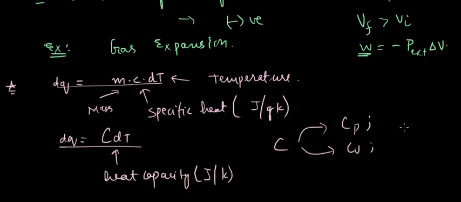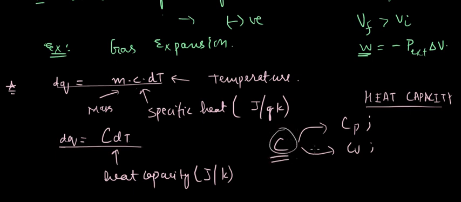Cp is heat capacity at constant pressure, and Cv is heat capacity at constant volume.